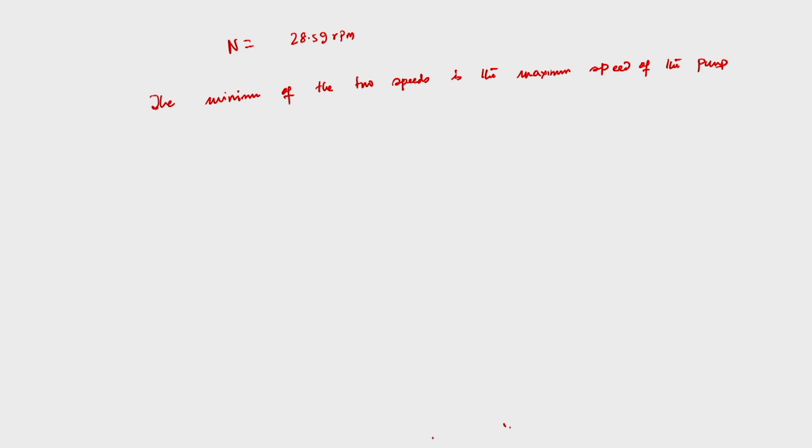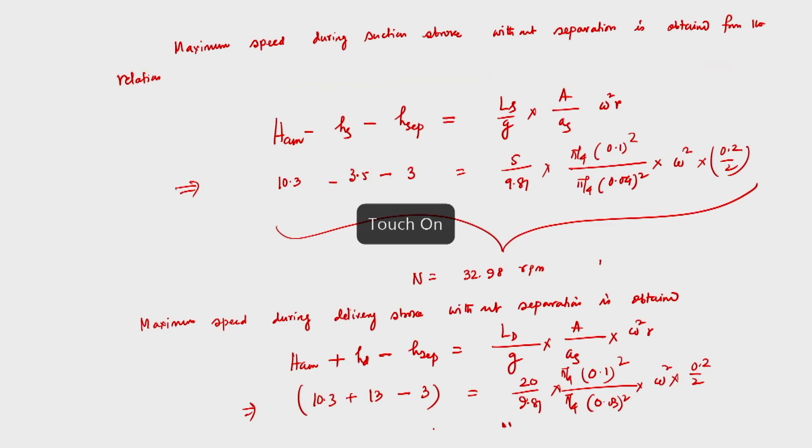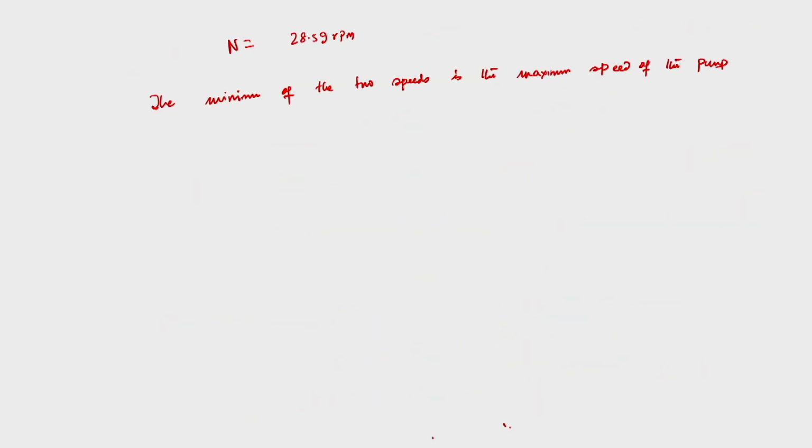So that is the minimum which occurs during the delivery stroke. So this is the maximum speed of the pump to avoid separation.